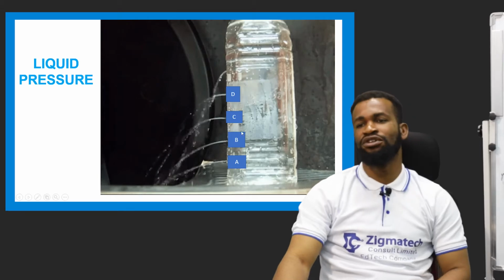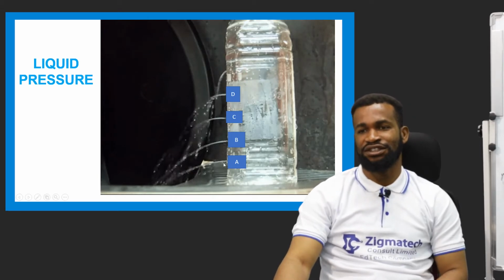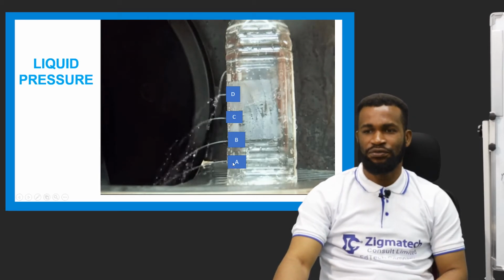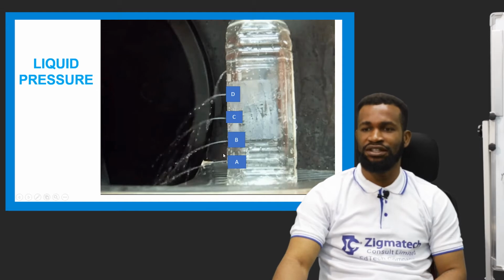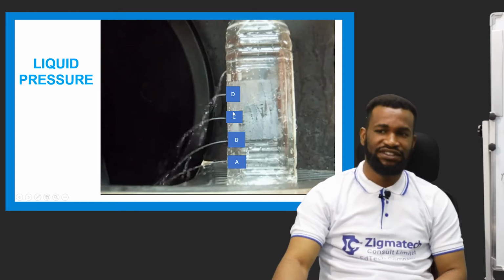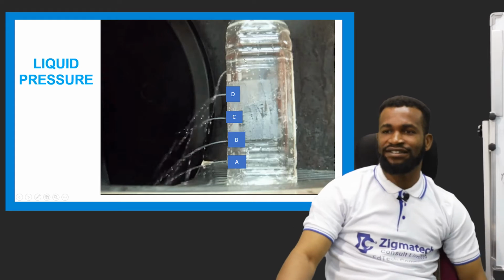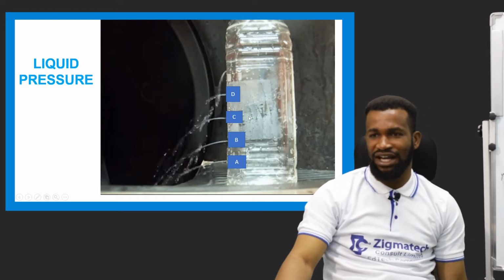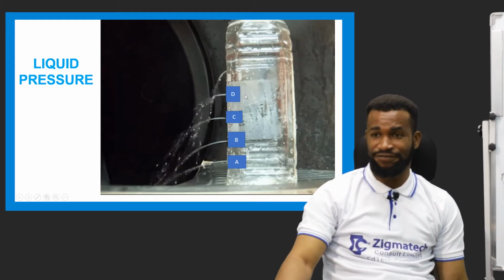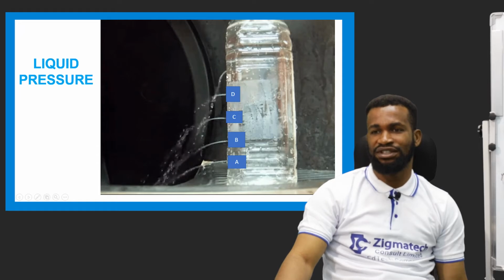Now, what are you going to say concerning the pressure of the liquid gushing out from point A, point B, C, D, and E? You realize that as the depth is increasing, the pressure is getting higher.